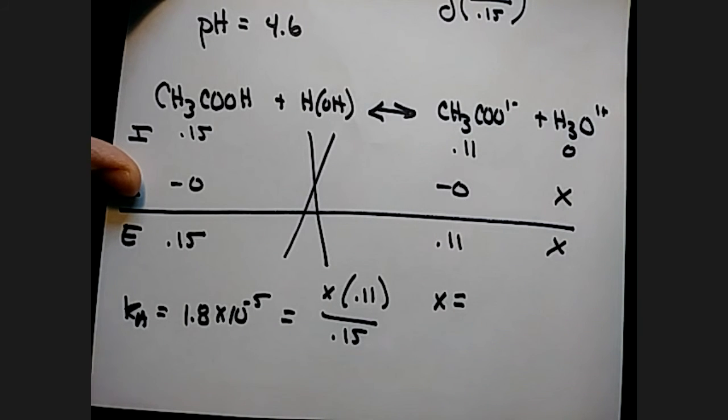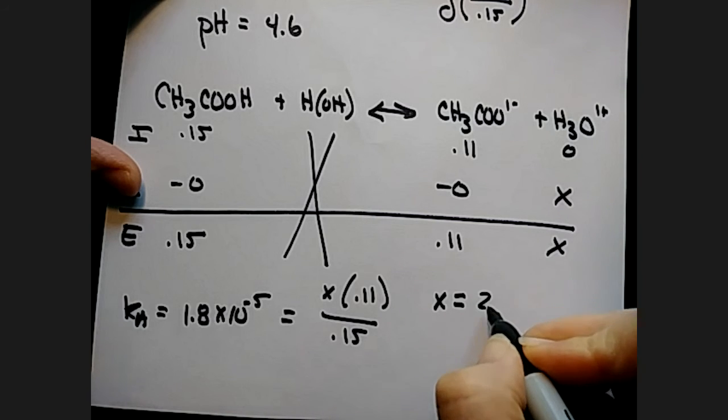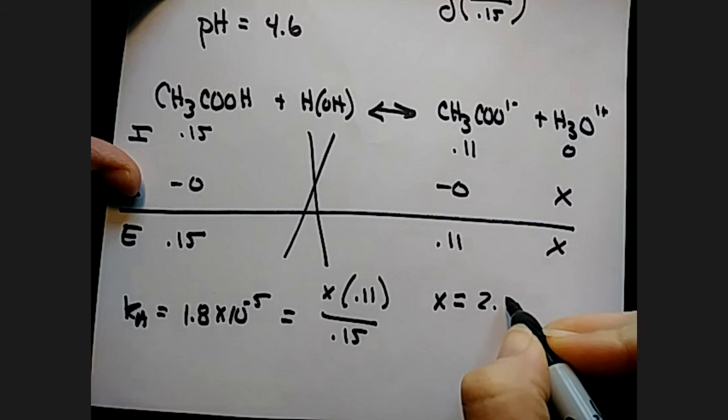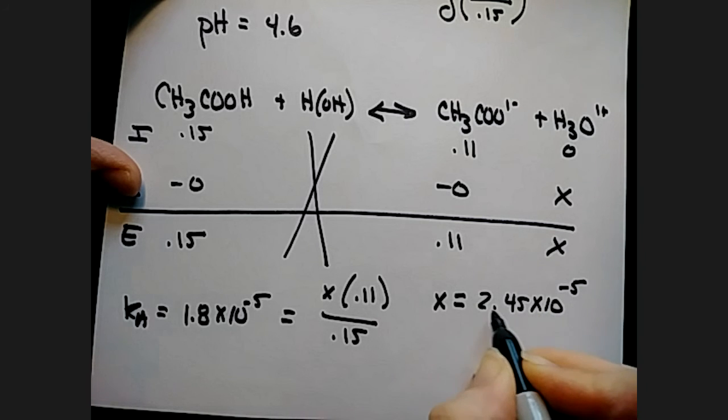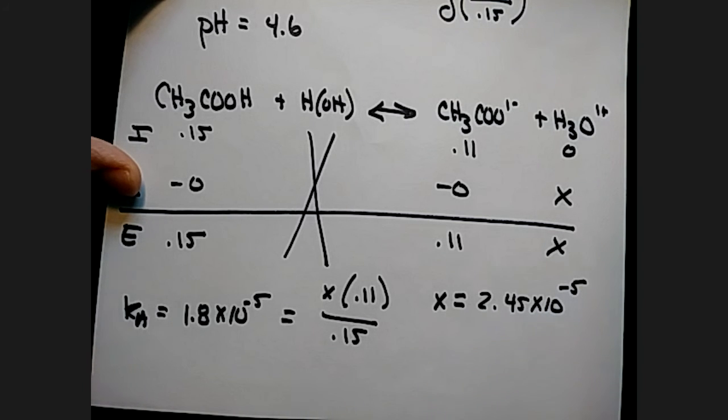And in this case, my X value turns out to be 0.15 divided by 0.11. I'm coming up with about, I'm going to keep an extra sig fig just for fun, 10 to the negative fifth. This should really be 2.5 times 10 to the negative fifth.